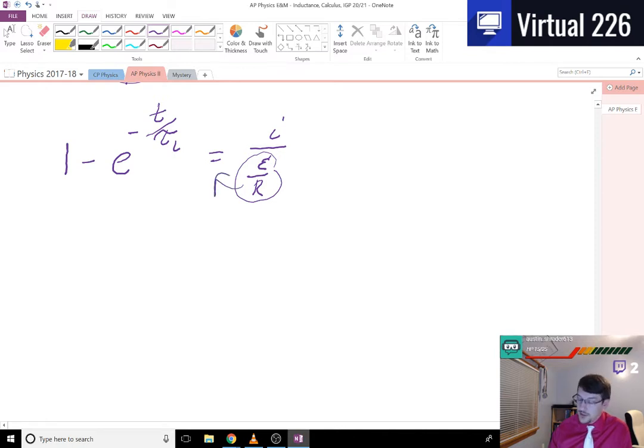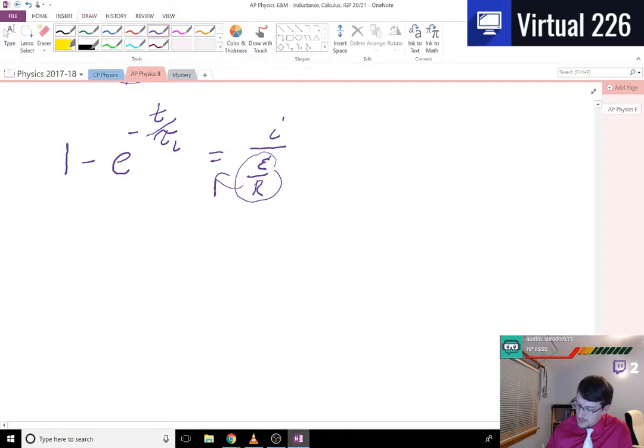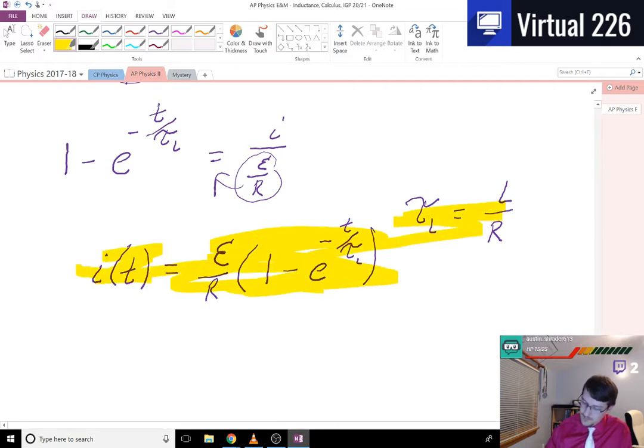So this is actually going to become the current as a function of time equals epsilon over R times the quantity, 1 minus e to the minus t over tau L, where tau L equals L over R. Fin.